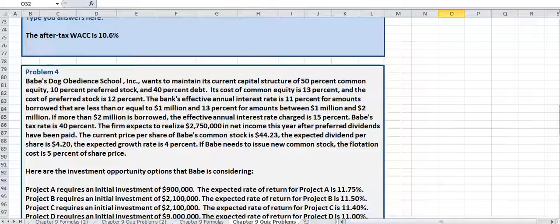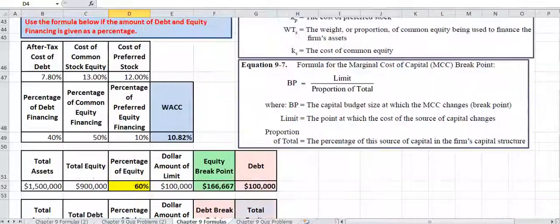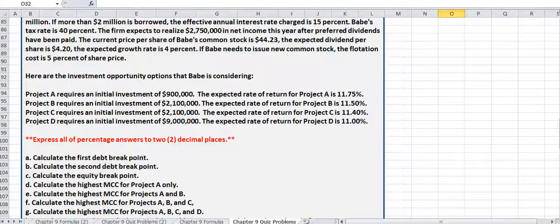Yep, over 2 million. So we just put 15% up here and get our after-tax cost, which is 9%. Then we put 9 in here, and that gives us our breakpoint for projects A, B, and C.